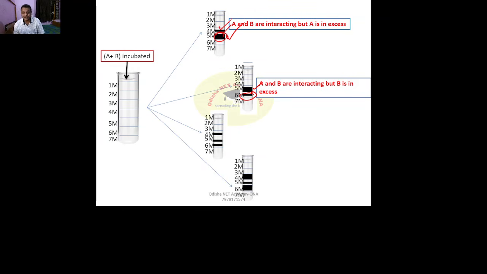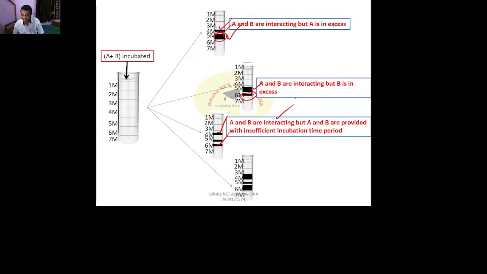Maybe insufficient incubation time was provided. That's why separation took place before complete interaction, so you are getting free A and free B even if they are interacting. So A and B are interacting, but we provided insufficient incubation time.